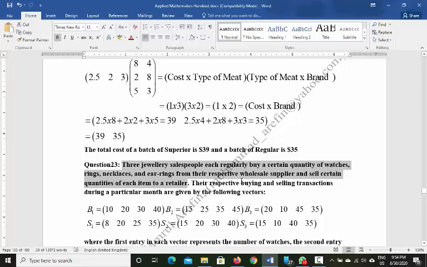Their respective buying and selling transactions during a particular month are given by the following vectors.